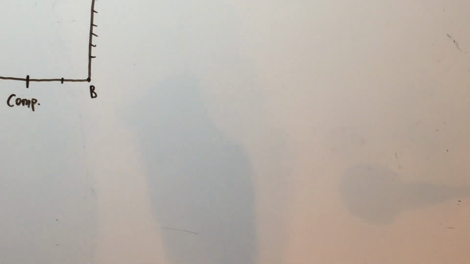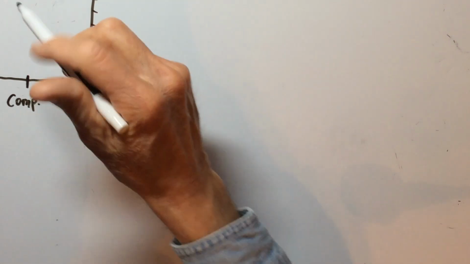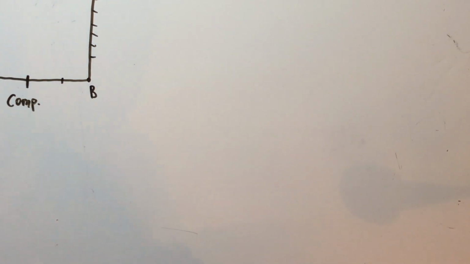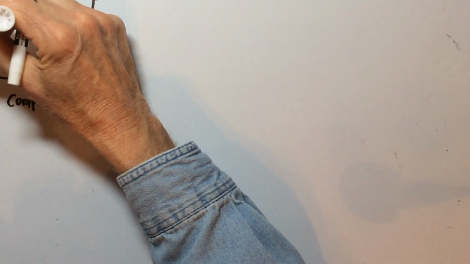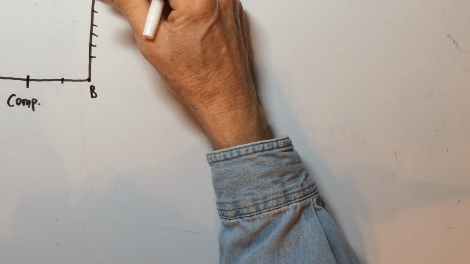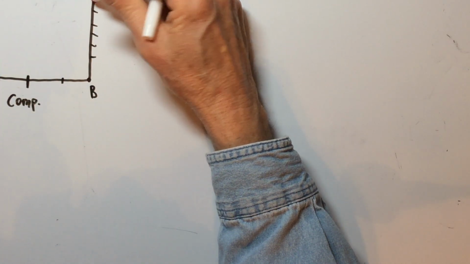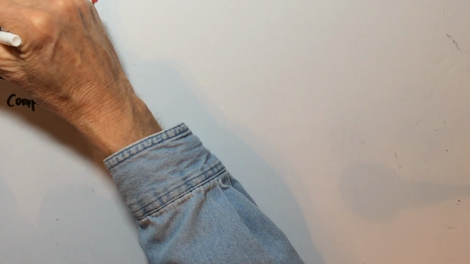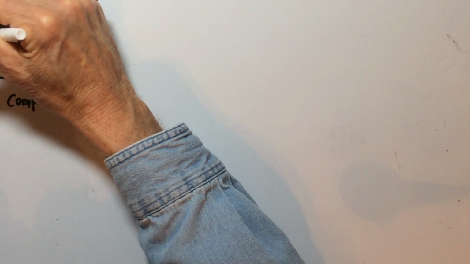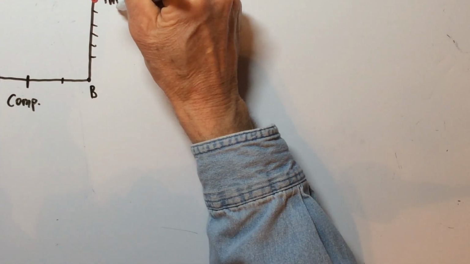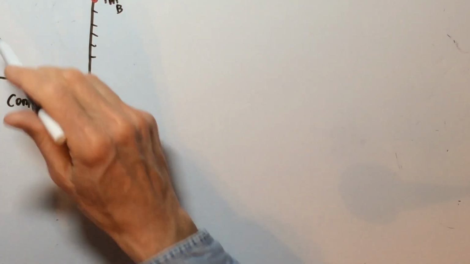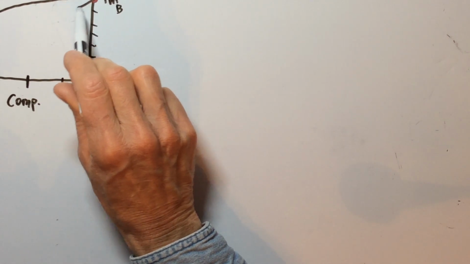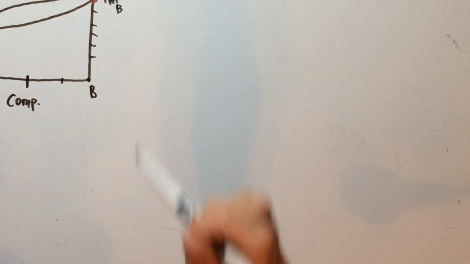And so now let's just arbitrarily pick a couple of areas here. Here's a point, and here's a point here, and those represent the melting temperatures. All right, so this is going to be the melting temperature for A, and this is going to be the melting temperature for B. Okay, so let's draw the attempted lenticular shape right there.